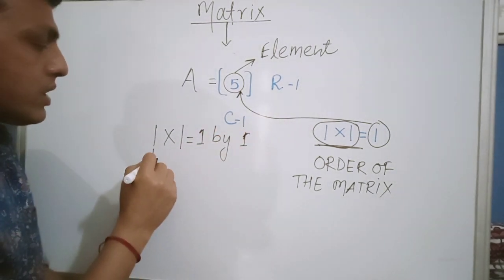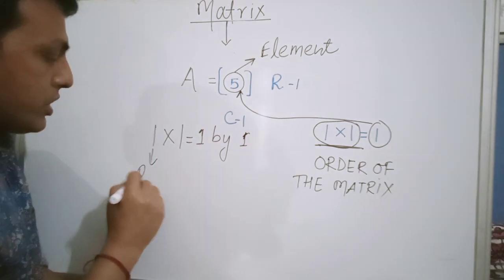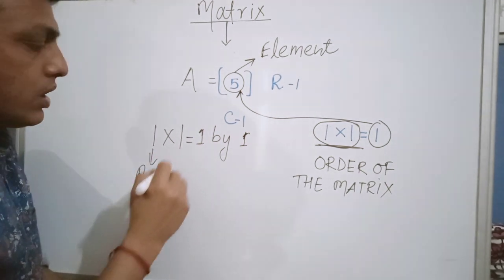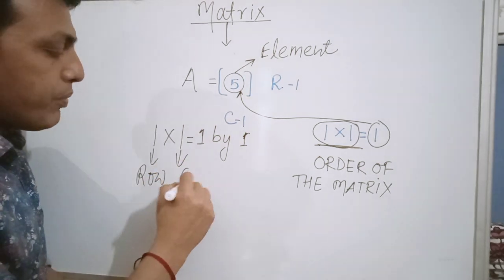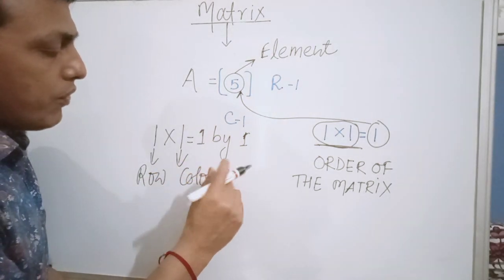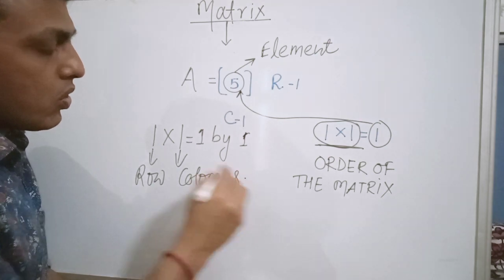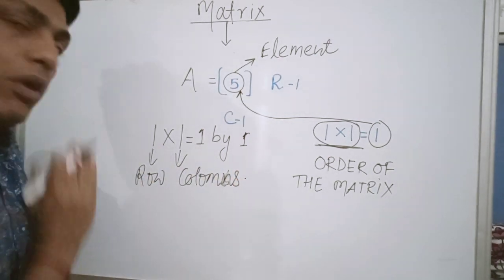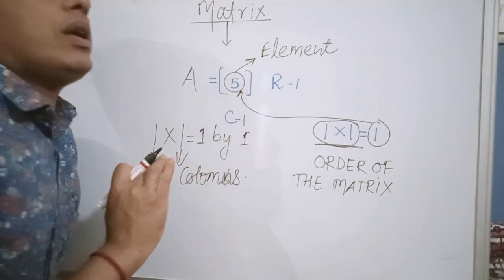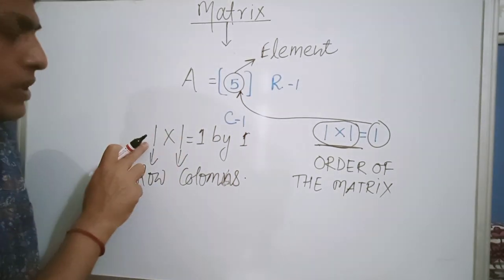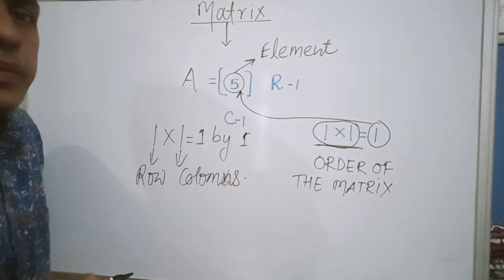The first represents the number of rows, second represents the number of columns. Row will be first. This is the writing pattern. Row will be the first, column will be the second.